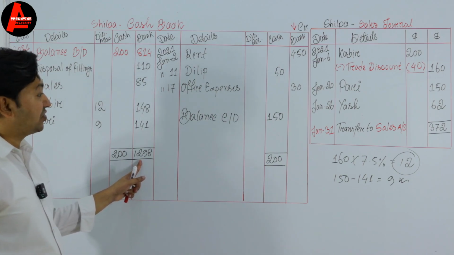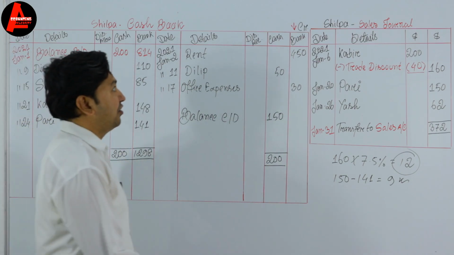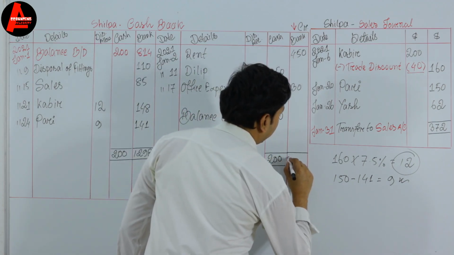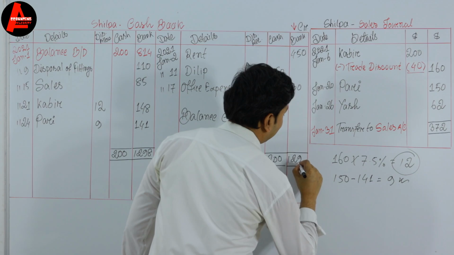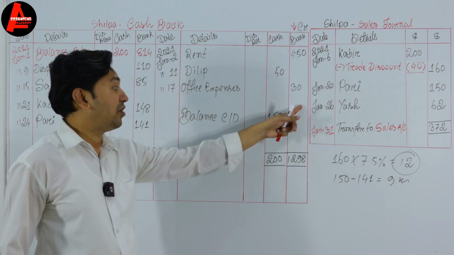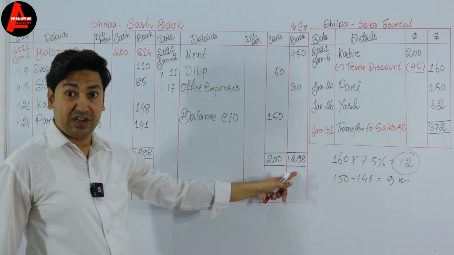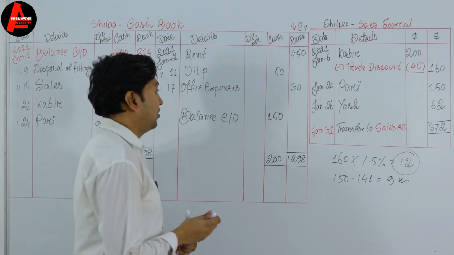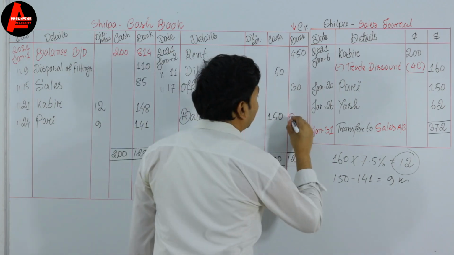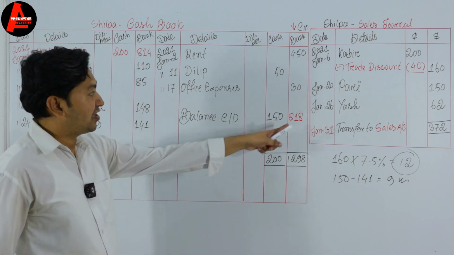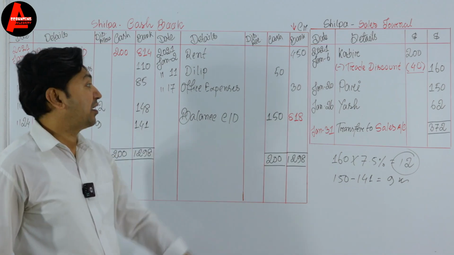We will take this total to the opposite side, on the credit side, and write the same amount, 1298. Now we will subtract all these amounts from this total. What do we get here? If we subtract, we get $818. This is the closing balance for bank.